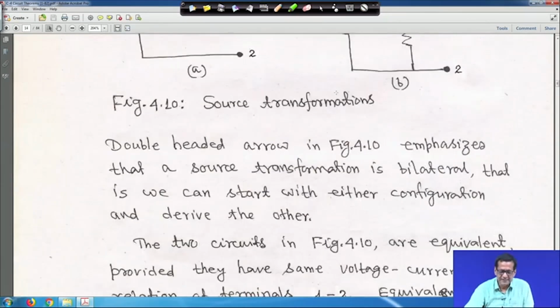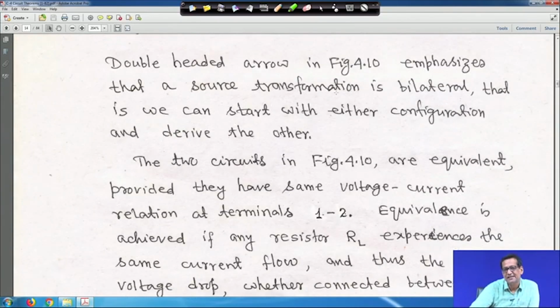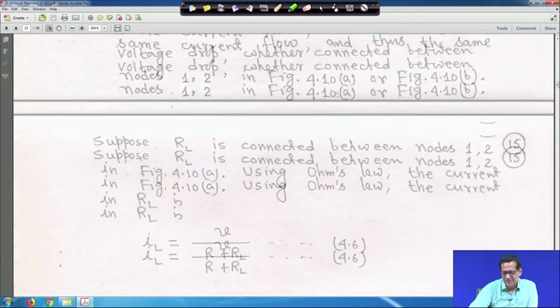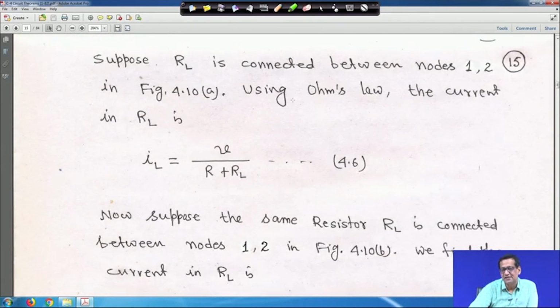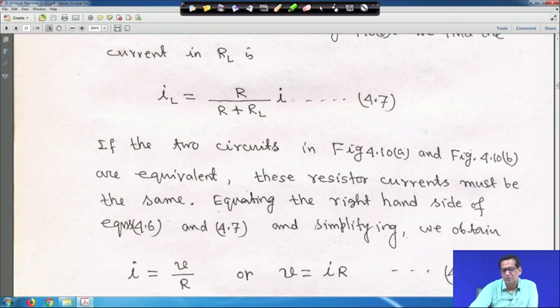All whatever I said is written here for your understanding, and whatever I wrote in blue ink, everything is there. Here I have not drawn the circuit, but I showed you the beginning, and these are all the same. You can go through step by step, everything is written here.